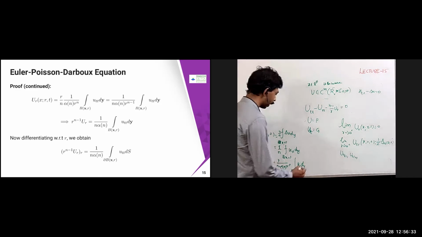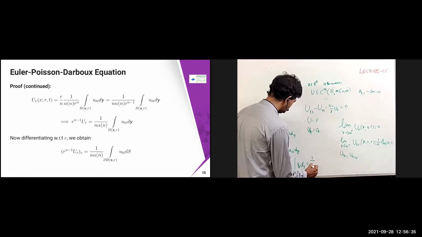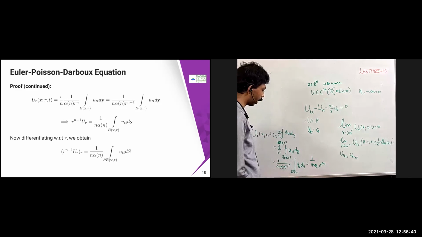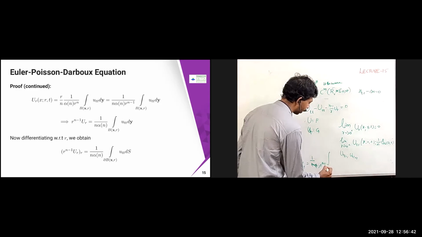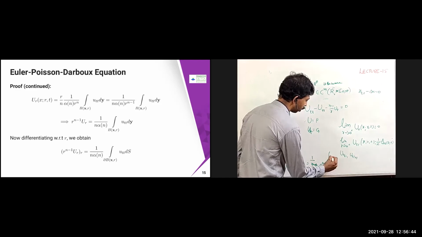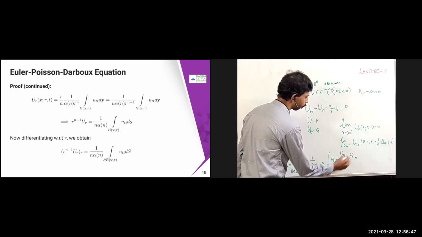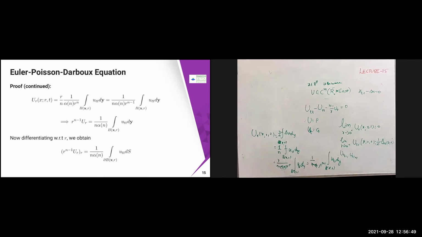So I can write it as 1 by n into alpha n into r to the power n minus 1, because r gets cancelled, times the integral over B(x, r) of u_tt dy. Therefore r to the power n minus 1 times u_r is going to become 1 by n alpha of n times the integral over B(x, r) of u_tt dy.